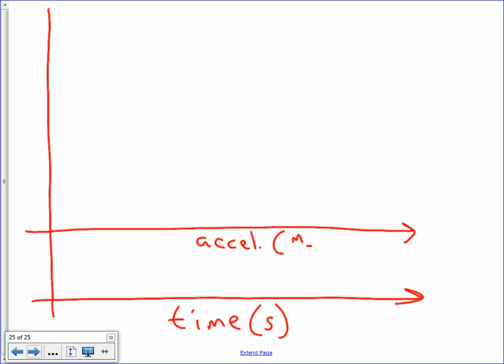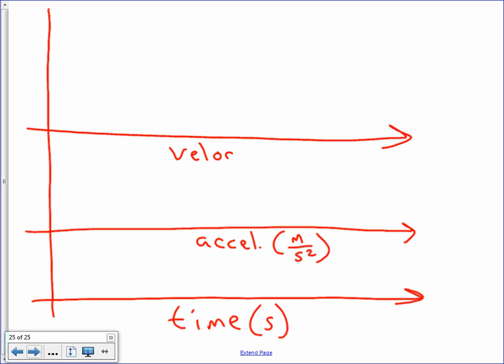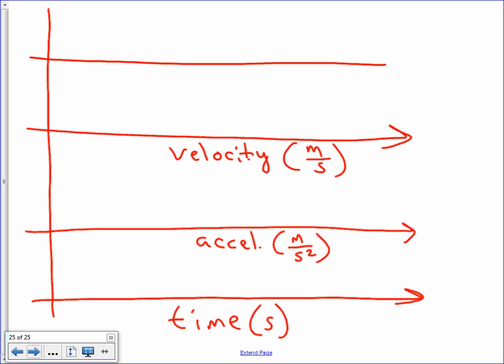And again, hopefully by now it's starting to become familiar that it's meters per second squared. We have velocity, which is our change in position versus time. Meters per second, plain old second, not squared. And displacement or position. And that's just measured in meters.